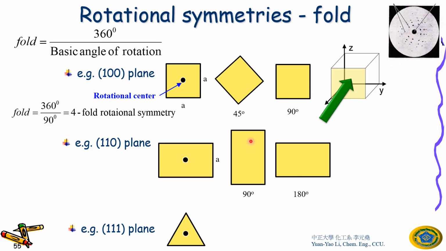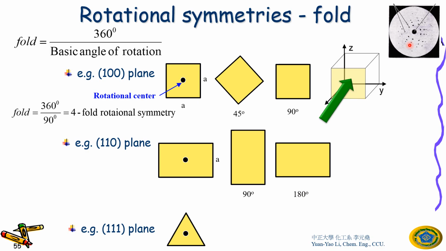Now this is a diffraction pattern. So what's the fold here? If you rotate 90 degrees, it doesn't show you the same pattern. But if you rotate 180 degrees, the pattern will be the same.